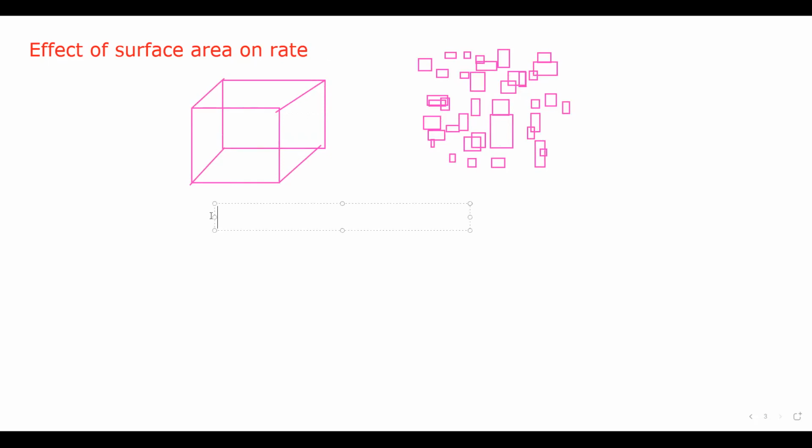So this is a lump, this is a powdered form or granules. Which one is having a large surface area? The total surface area when you calculate. Lump or powder?